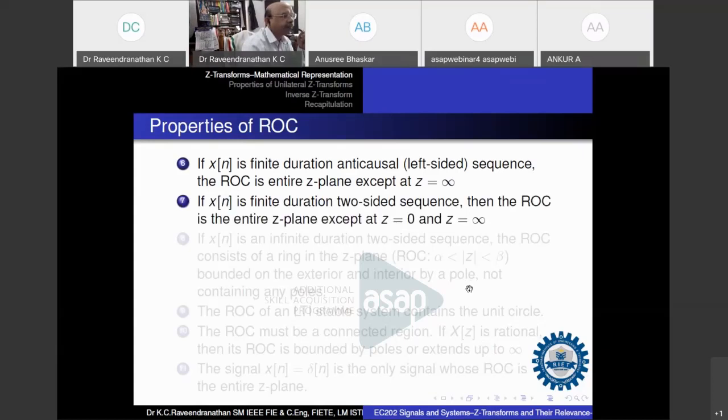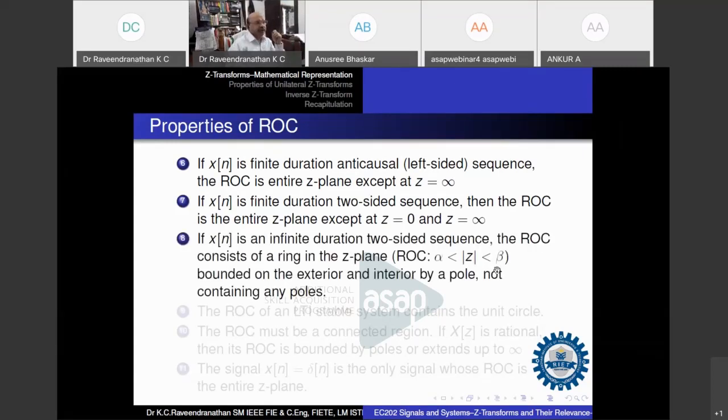And the seventh property is, if x of n is a finite duration two-sided sequence, then the ROC is the entire Z plane except z equal to 0 and z equal to infinity. If x of n is an infinite duration two-sided sequence, it means it has samples on both sides of the y-axis.